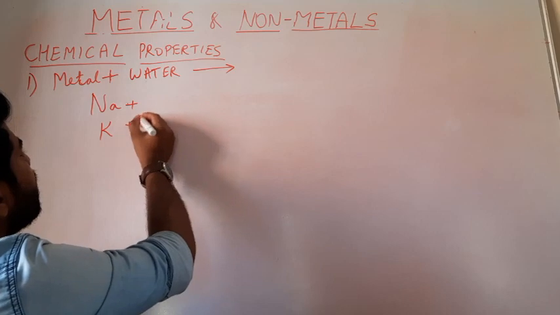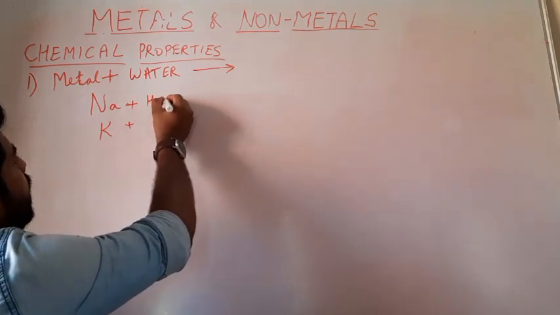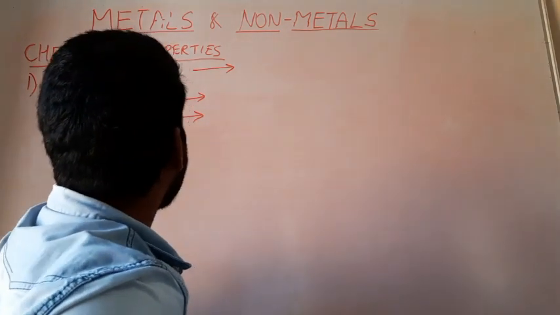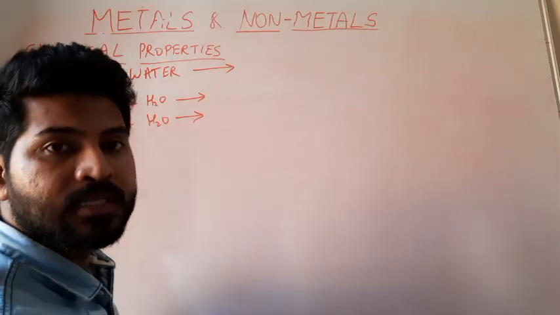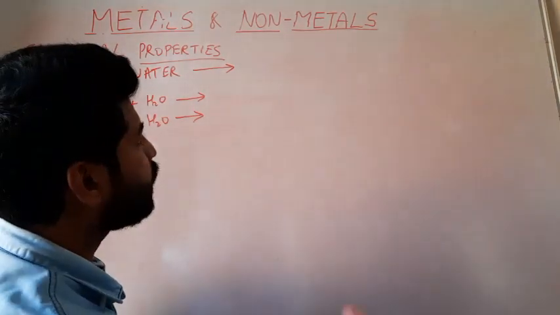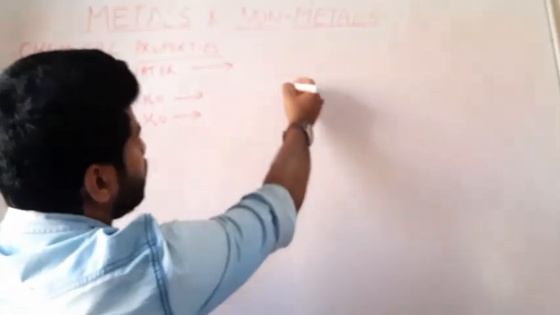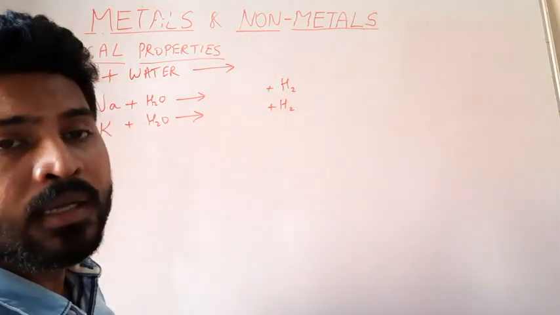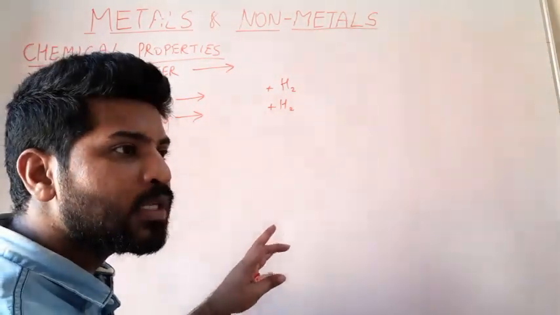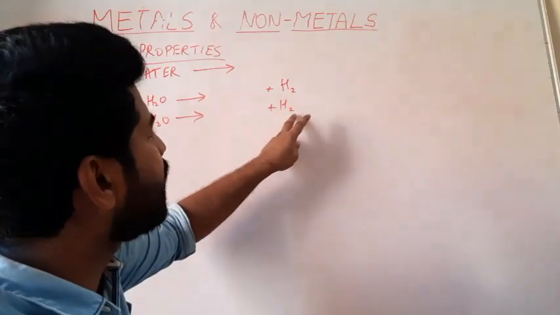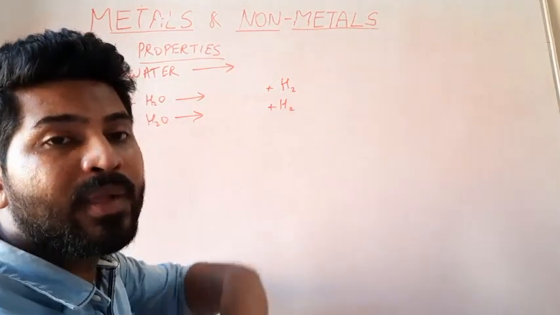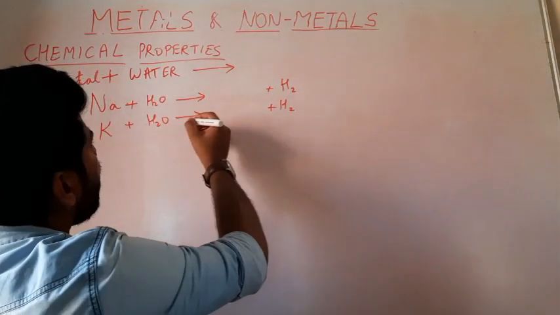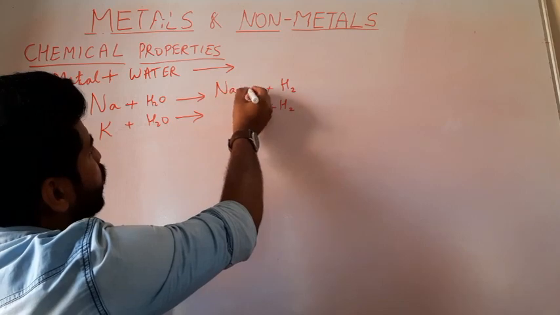When we put sodium metal and potassium metal in water, these reactions are spontaneous and a large amount of hydrogen gas is produced, and these are highly exothermic reactions. The heat produced is so much that it will combine with hydrogen gas and it may even catch fire. Explosion can take place. So sodium and potassium are highly reactive with water.